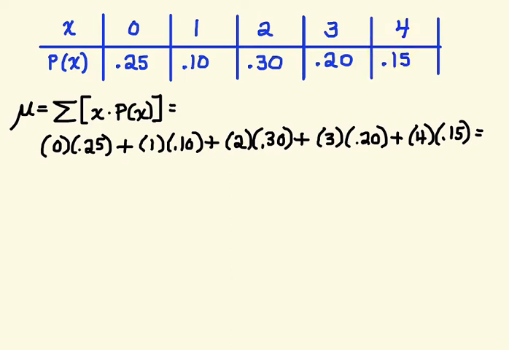Now let's take a look at 0 times 0.25. Anything times 0 is 0, so this becomes a 0 plus.